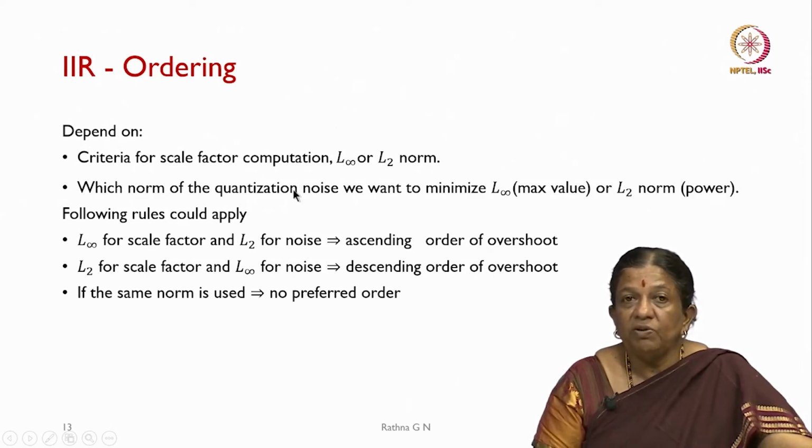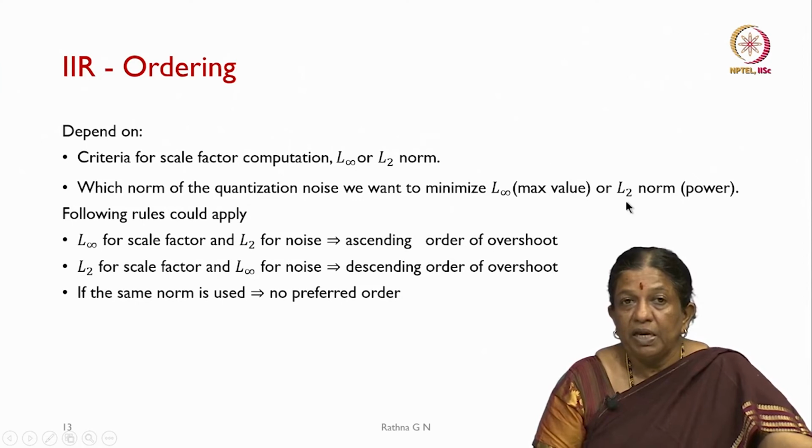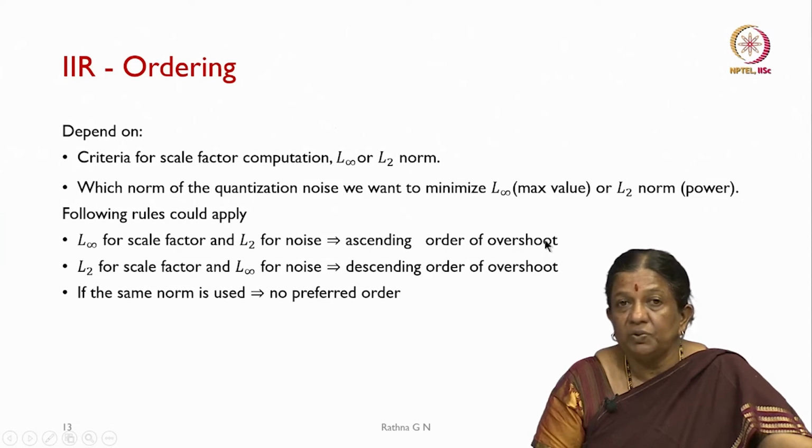Which norm of the quantization noise do we want to minimize: L infinity, that is the maximum value, or L2 norm, that is the power? These are the rules one has to apply. With L infinity for scale factor and L2 for noise, we order the second order sections in ascending order of overshoot.